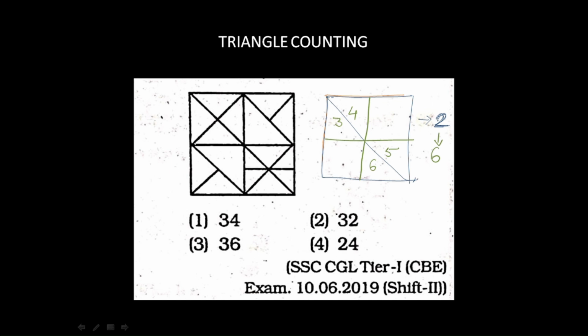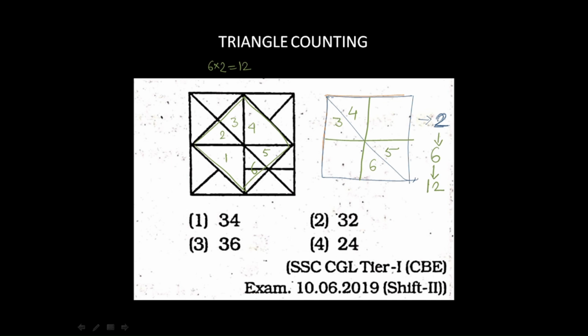Next you can see in this figure, how many triangles will be there? It has 1, 2, 3, 4, 5 and altogether it's 6. So 12 parts, 6 into 2, 12 parts are there now. Clear?